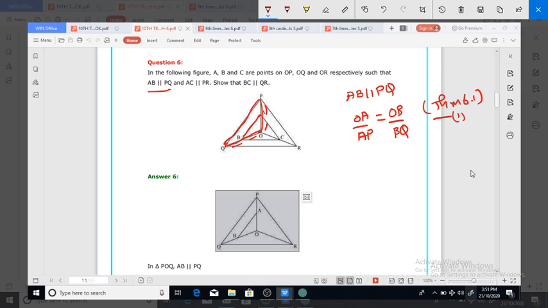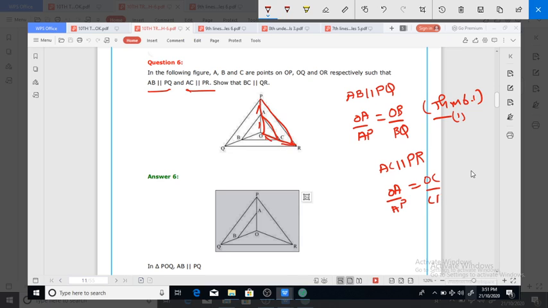Okay. So next, AC is parallel to PR. So take this triangle now. OA by AP is equal to OC by CR.